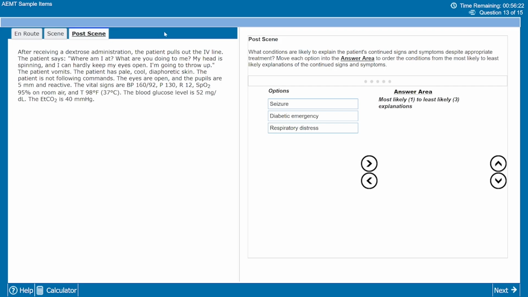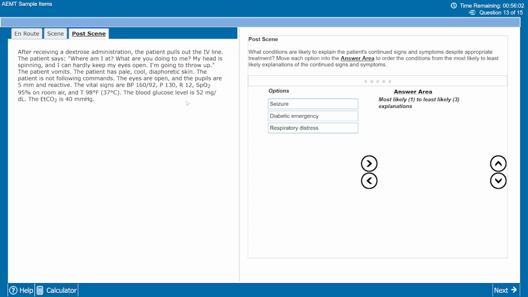So, right off the bat, what are the abnormal vital signs here before we continue? Well, the patient is hypertensive. The BP is at 160/92. Their heart rate is elevated. Their respiratory rate's within the normal range. They're satting at 95% on room air. The temperature is at 98 degrees, so it's fine.